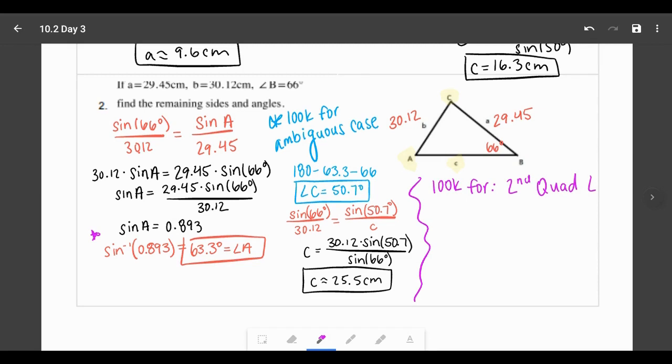So for that second quadrant angle, our new angle A should be equal to 180 degrees minus that 63.3 degrees that we found. And so angle A is going to be 116.7 degrees.